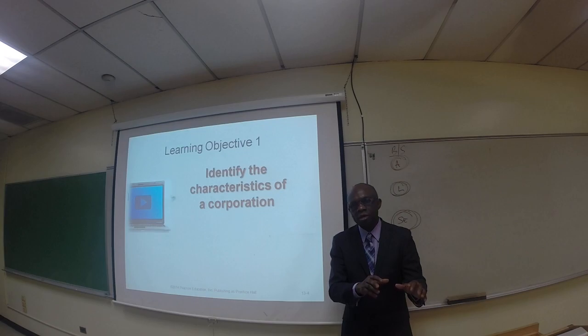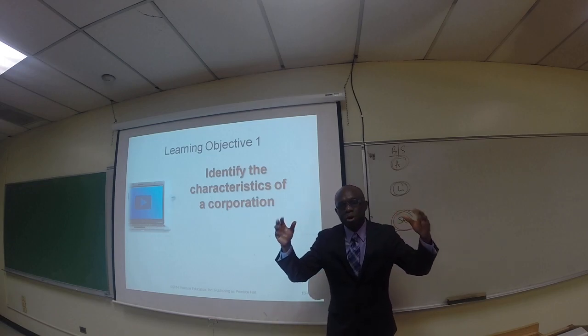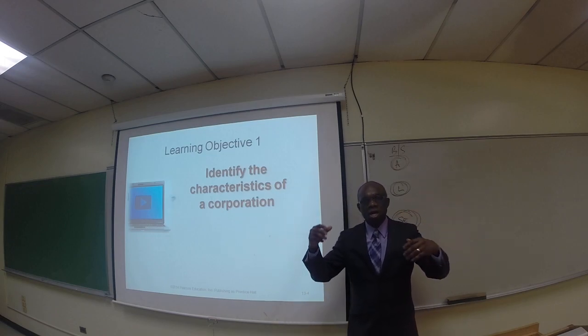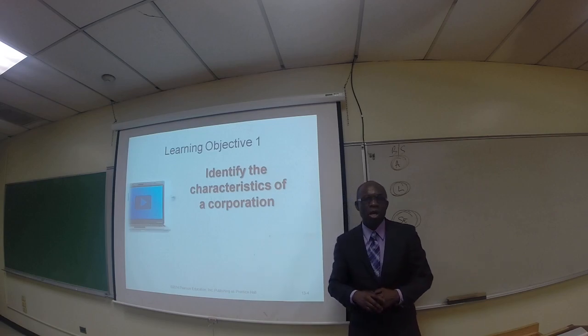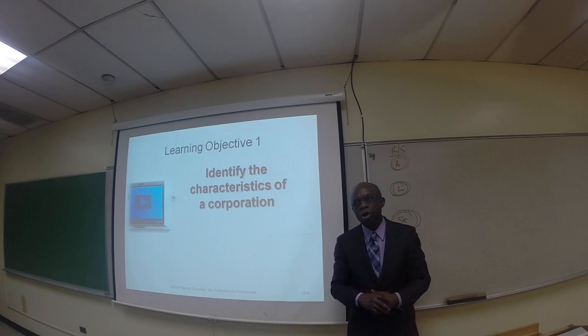But for the chapter 13 discussion, we are going to be talking about the corporation from the standpoint of a publicly traded company. Those are IBM, McDonald's, companies whose stock is available to the public.